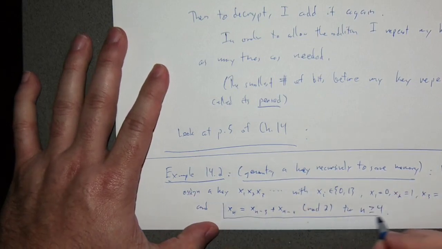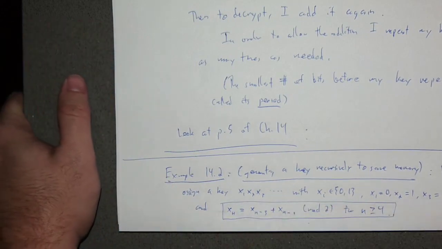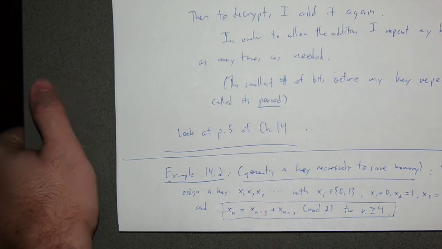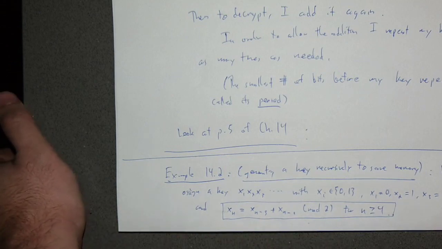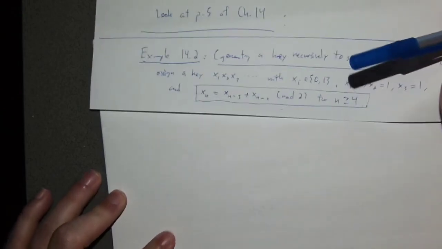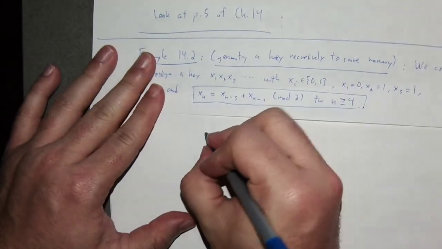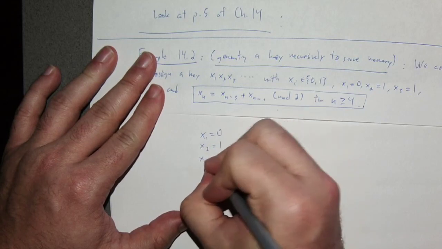So we have defined a recursion that generates x sub n in this string from the term that came 3 entries before it and 1 entry before it, right? Okay. If you actually see what this generates, I can write this out quickly. x sub 1 is 0, x sub 2 is 1, x sub 3 is 1.